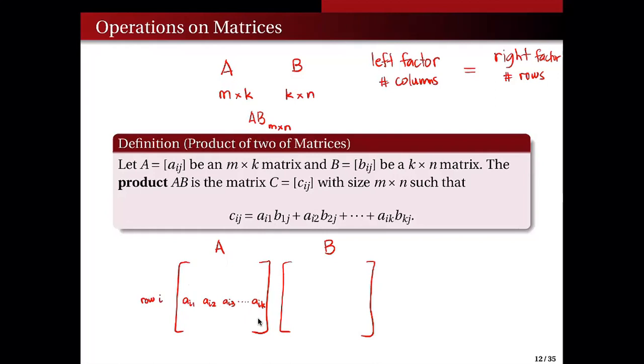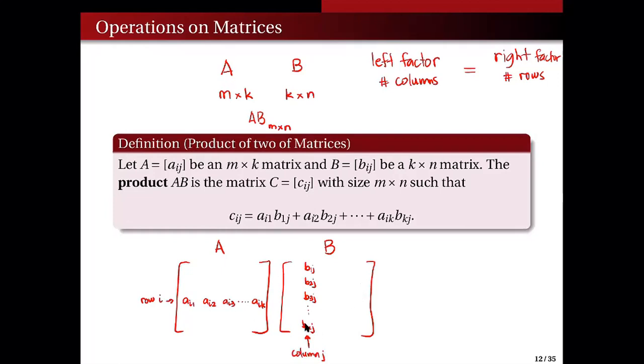Suppose this is your row i, and then suppose this is your column j. Column j is somewhere here for the B. If this is your column j, then you have here B1j, B2j, B3j, until BKj.